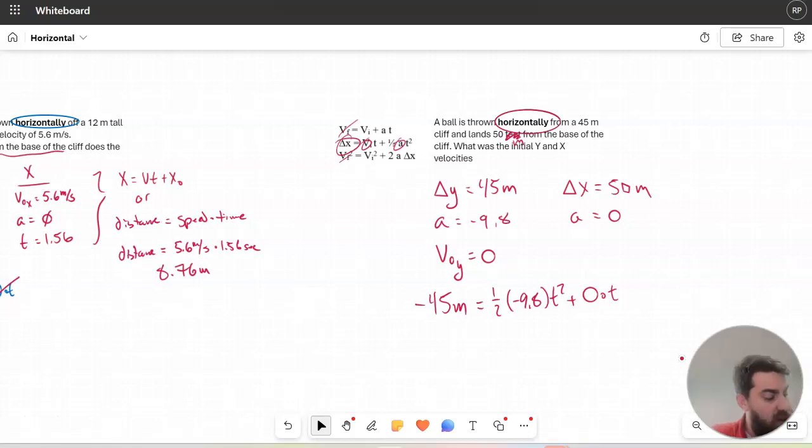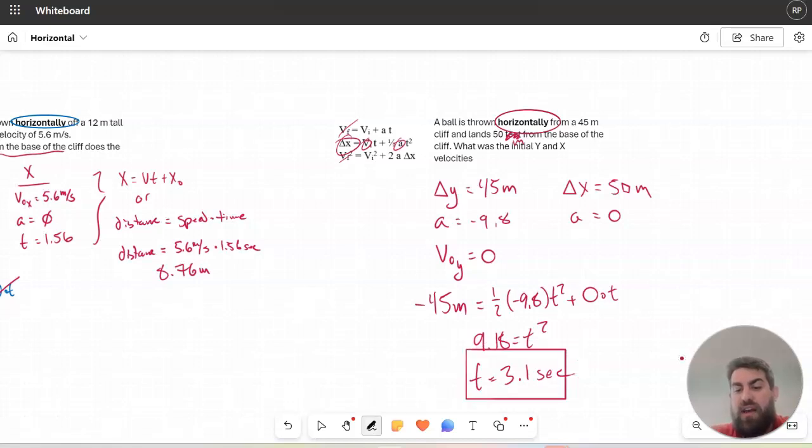So then when you solve, multiply 9.8 times 1/2 and divide it over, you're going to end up with 9.18 equals t squared. So your time is going to be about 3.1 seconds.